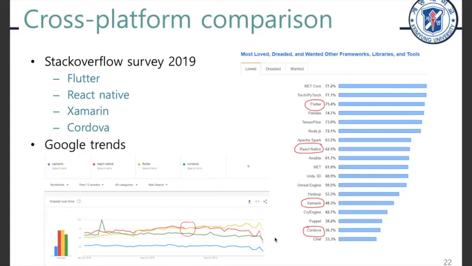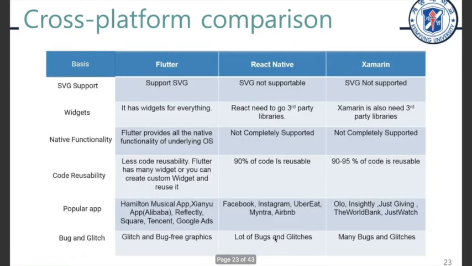What are other comparisons between Flutter and other platforms? Here you can see a comparison for vector graphics. Flutter supports vector graphics, while it is not supported by Xamarin. If vector graphics are not supported, then the graphics will look a little bit squished on multiple platforms.